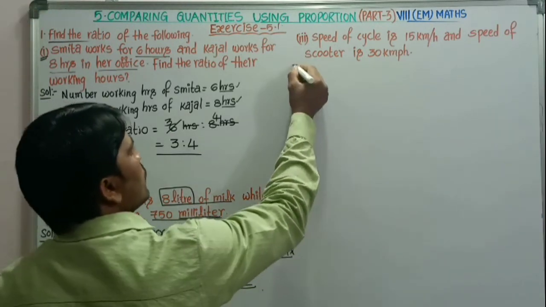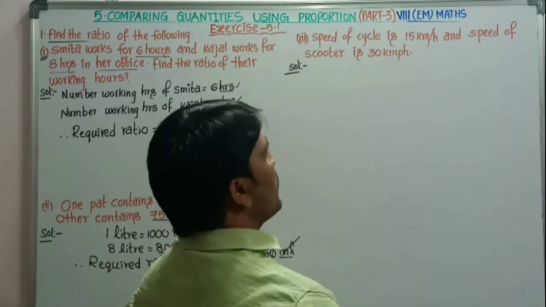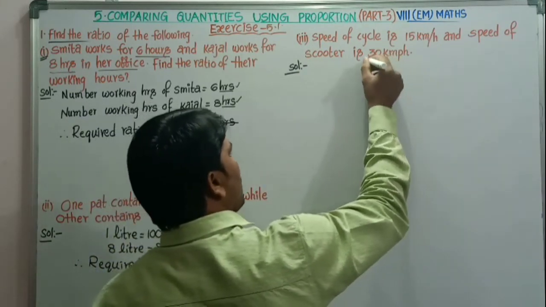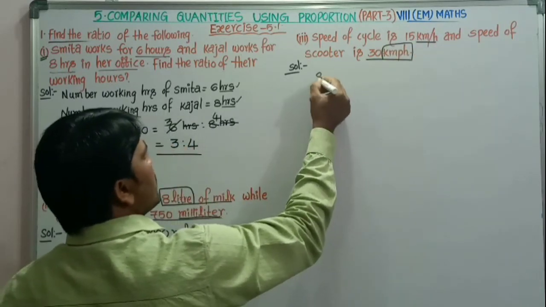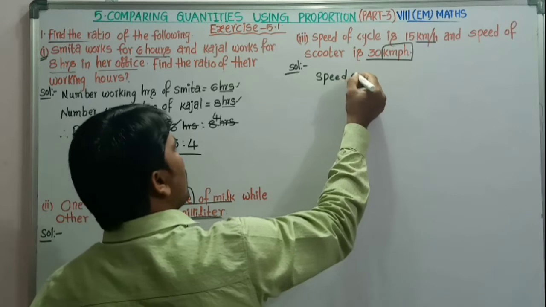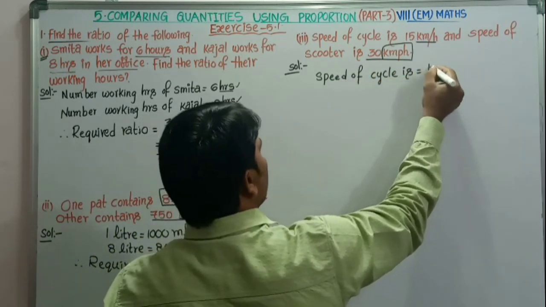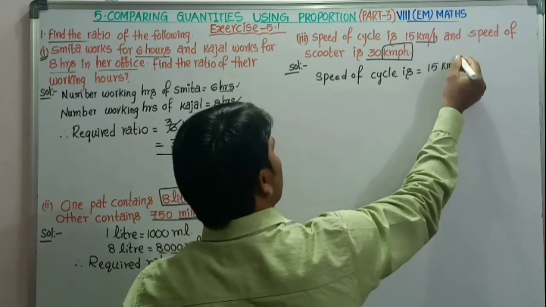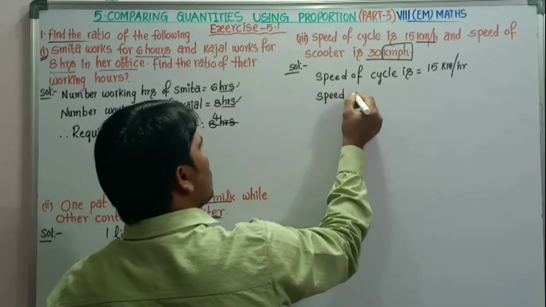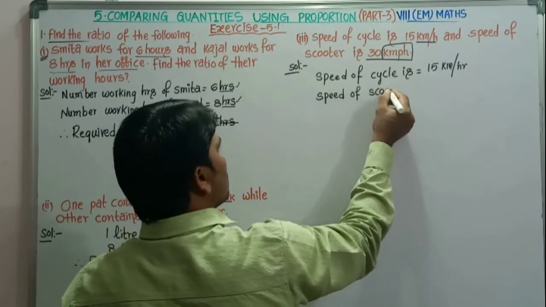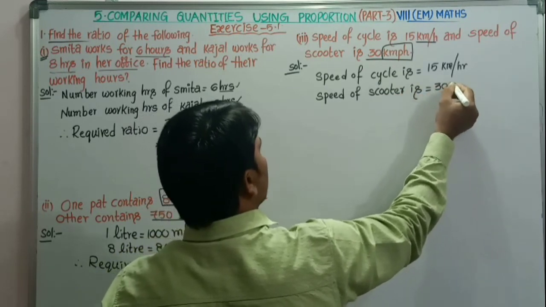Third one. Solution. Speed of cycle is 15 km per hour. Speed of scooter is 30 km per hour. See, the units are the same, so we can compare simply. That is, speed of cycle is 15 km per hour and speed of scooter is 30 km per hour.